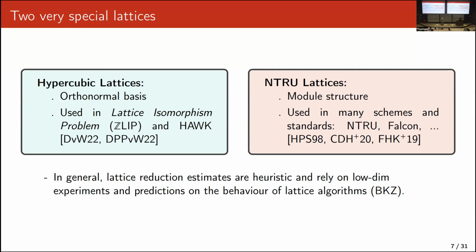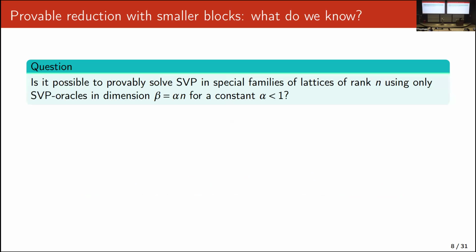This has a lot of structure and is used in many schemes and standards, NTRU, Falcon, etc. In general, it's quite hard to estimate the security of these lattices. People at the time relied on low-dimensional experiments and now rely more on predictions of the behavior of certain lattice algorithms, so heuristic predictions for BKZ, for example.